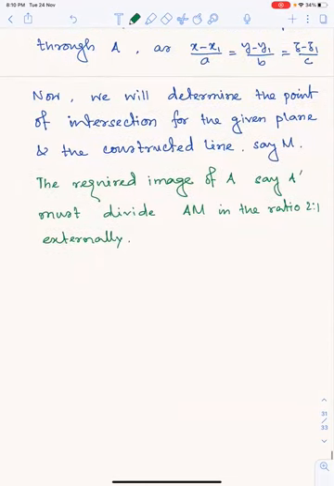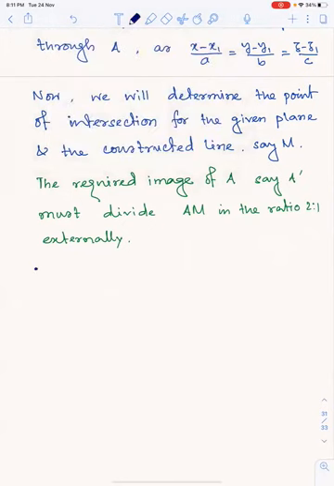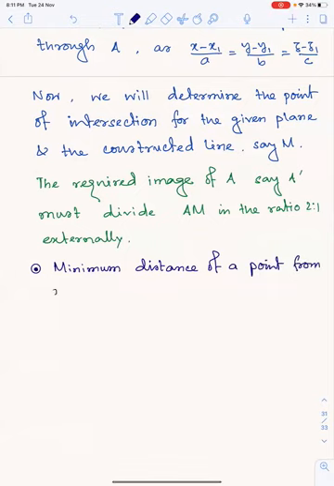Whereas we can also mark, if we consider this as the next part, the idea of minimum distance of a point from a given plane.